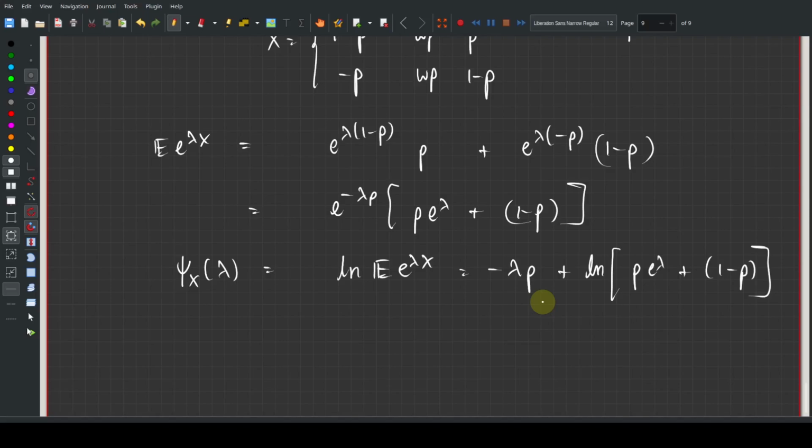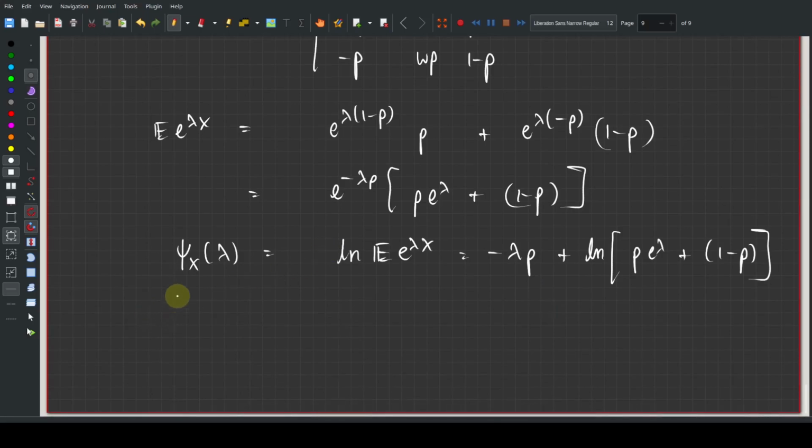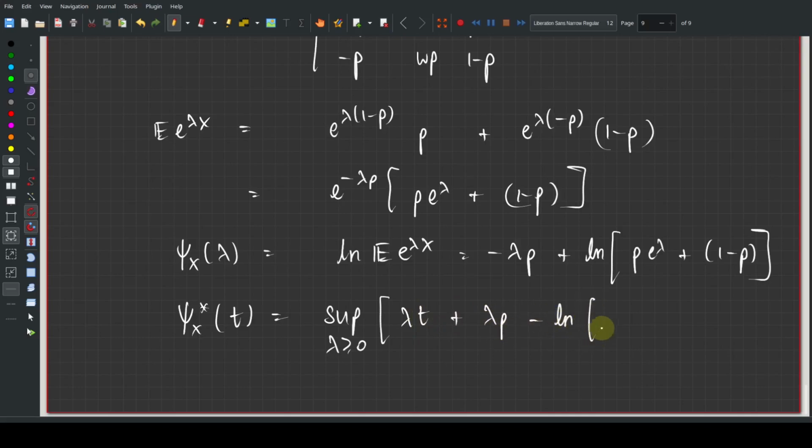Okay, let me try to compute the Chernoff exponent. So psi x star of t is equal to the supremum over all lambda greater than or equal to 0 of lambda t plus lambda p minus log of p e to the lambda plus 1 minus p. You all agree?